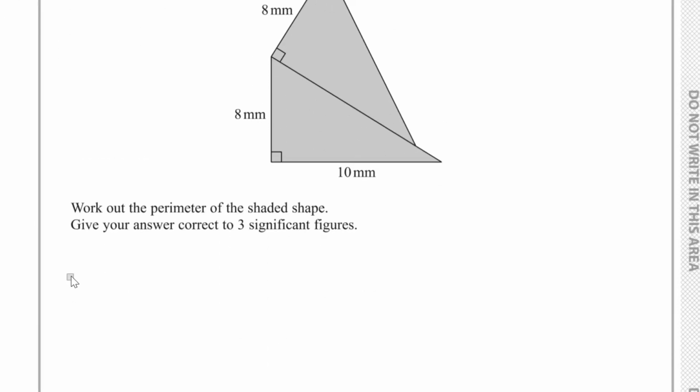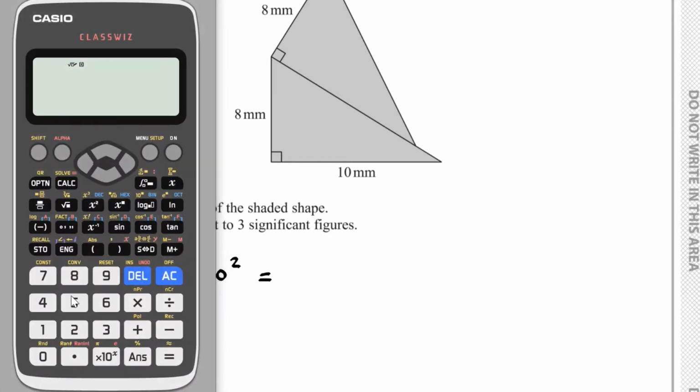So, the hypotenuse h, well, let's first of all work out what h squared is equal to. That is equal to 8 squared plus 10 squared. And if I work out what this is, 8 squared plus 10 squared, that's 164.